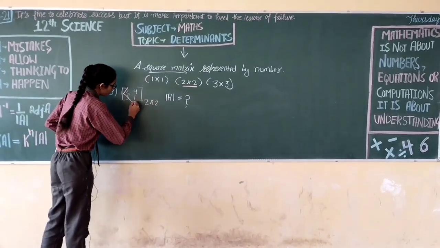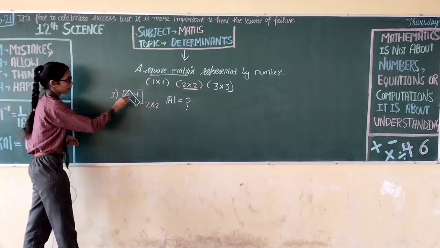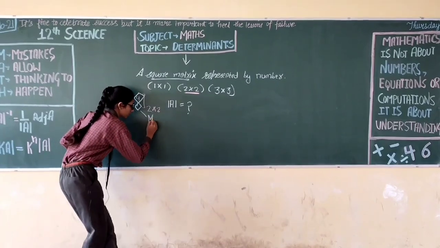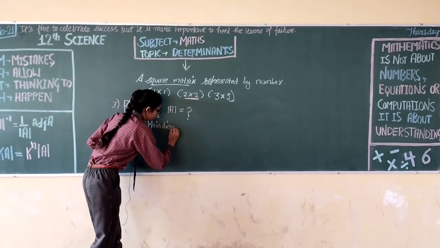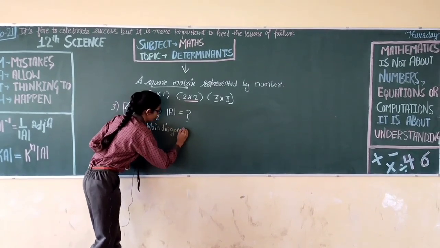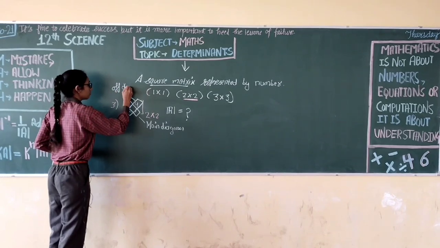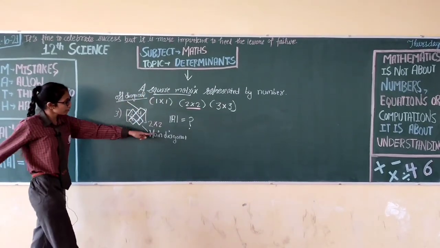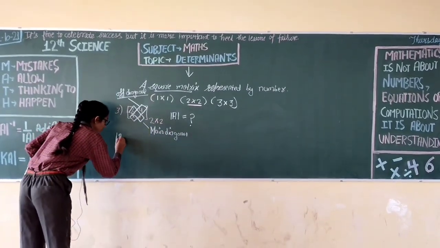In our 2 by 2 matrix, this is our main diagonal and this is our off diagonal. Then how can we find the value of the determinant?